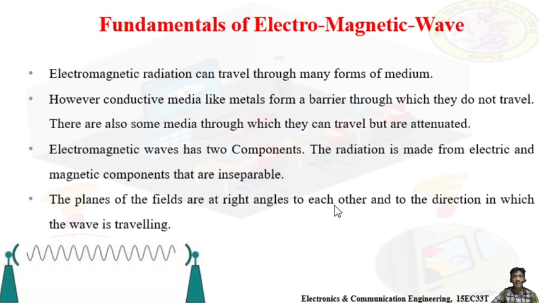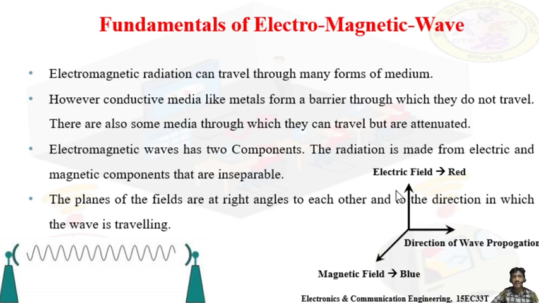You can easily understand by looking at the diagram. See, this is the electric field and this is the magnetic field. The electric and magnetic fields are perpendicular to each other, and the wave propagation direction is also perpendicular to both the electric field and the magnetic field.